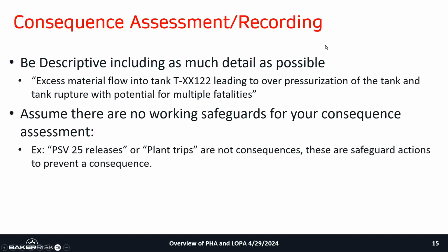An example here is a team had summarized the consequences: excess flow into tank TXX122, leading to overpressurization of the tank and tank rupture with the potential for multiple fatalities. So they definitely go through the steps to the resulting consequence. So you definitely want to make sure that you're very detailed.